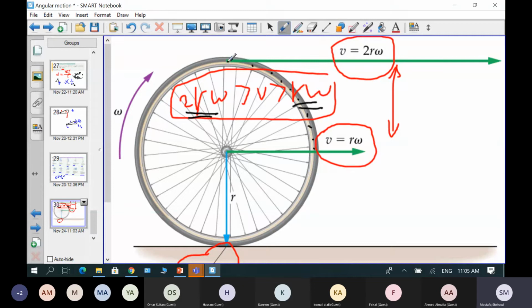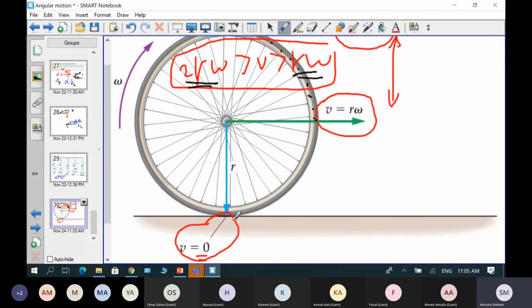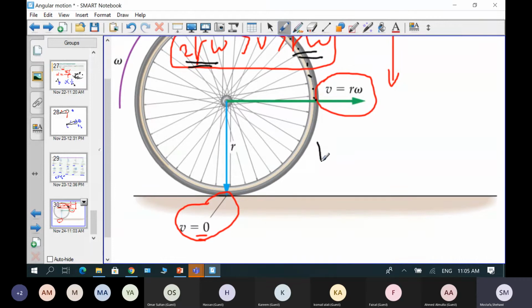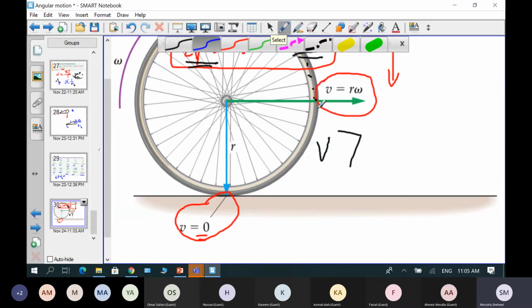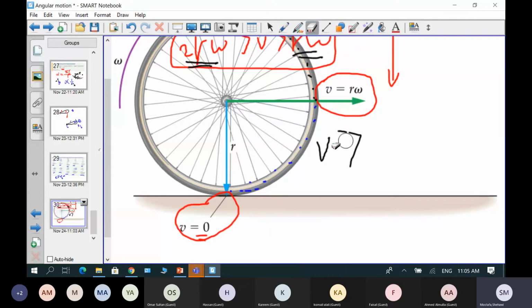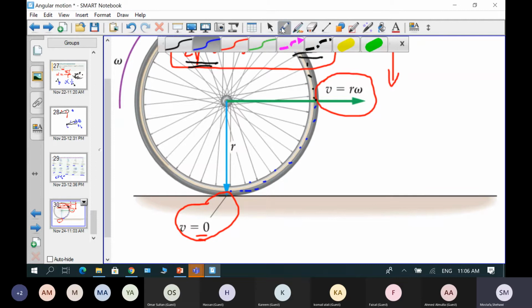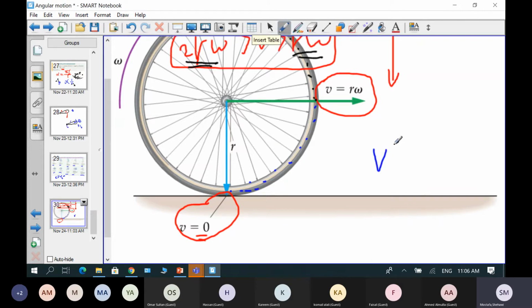On the top here is double r omega and here r omega only. The question here: what is the speed range between this point and this point? Let me make it in blue. What is the speed range in these blue dots? The speed v is greater than what and less than what?